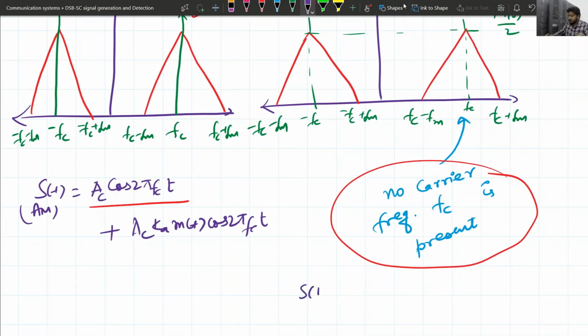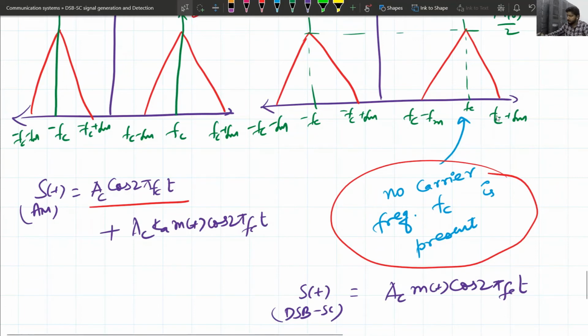So writing the same for DSB-SC, simply Ac times of... So this is how DSB-SC is more efficient than the amplitude modulated wave, but it gives no advantage when it comes to the bandwidth transmission.